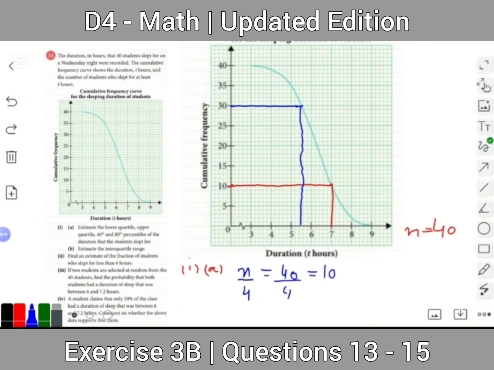So from 10 we will draw a horizontal line until it touches the cumulative frequency curve. Now from the point of intersection on the curve we will draw a vertical line until it touches the horizontal axis. So we get the value 7. So the value of the upper quartile is equal to 7 hours.